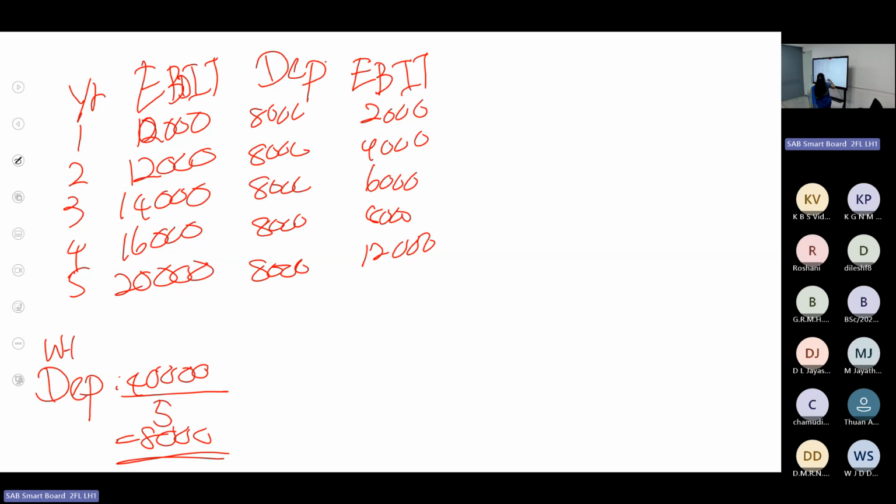How can you take the tax? Earnings before interest and tax multiplied by 1 minus the tax rate. It gives us the after tax profit. The tax rate is 50%. Calculate it. EBIT after the tax.